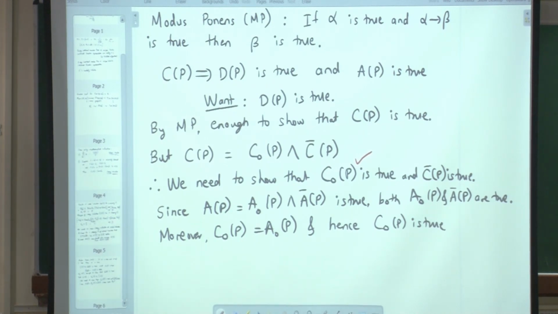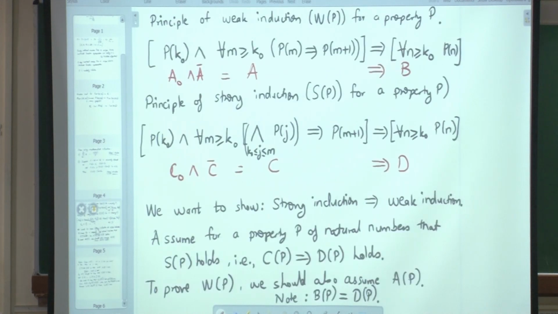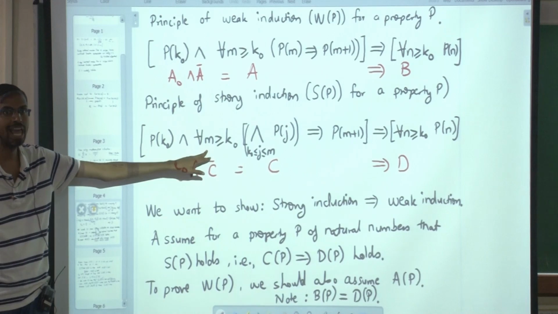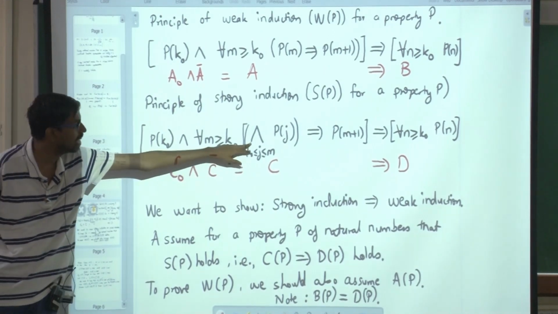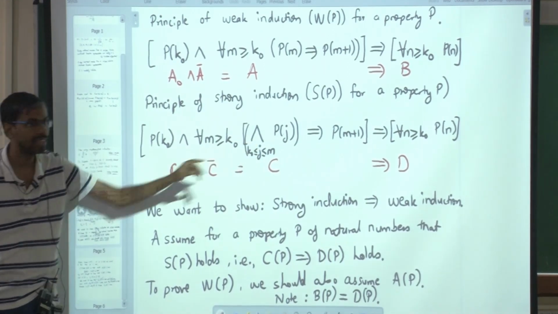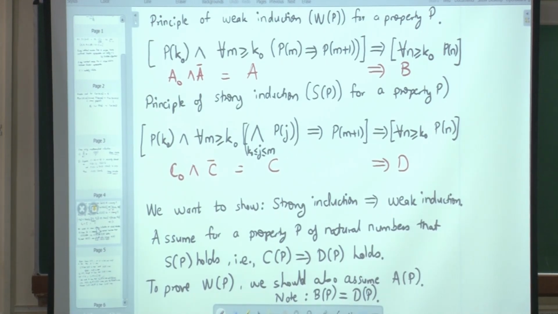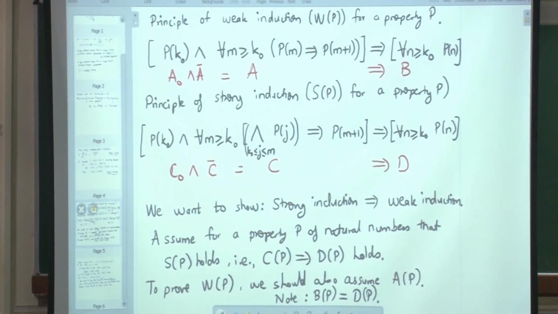We have proved that. Now what do we need to prove? C bar P is true. Okay, let us look at what is C bar P. We need to show for all m bigger equal K0, whenever this conjunction is true, then Pm plus 1 is true. So when we want to prove something for all m bigger equal K0, we should choose some m and prove it for that, and it will automatically follow. Correct?